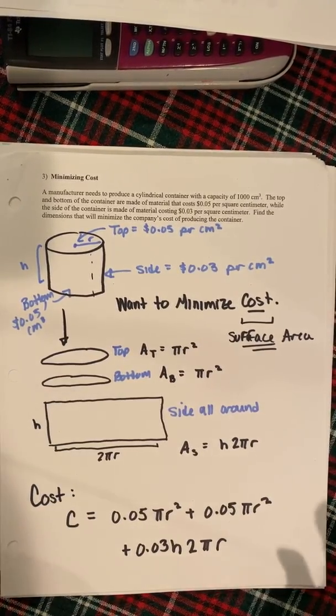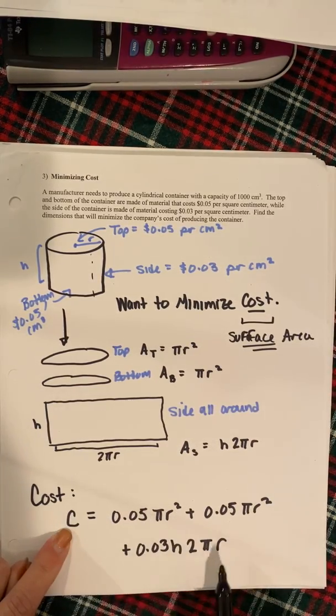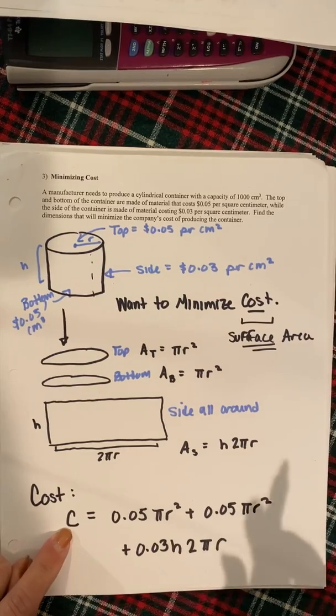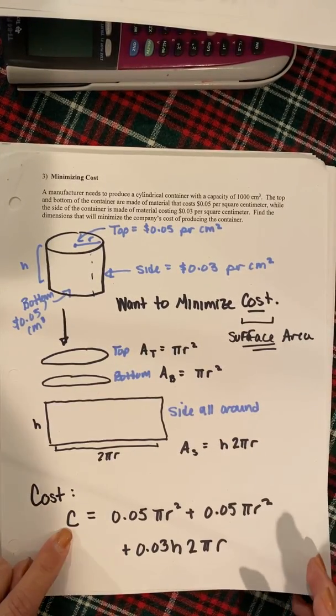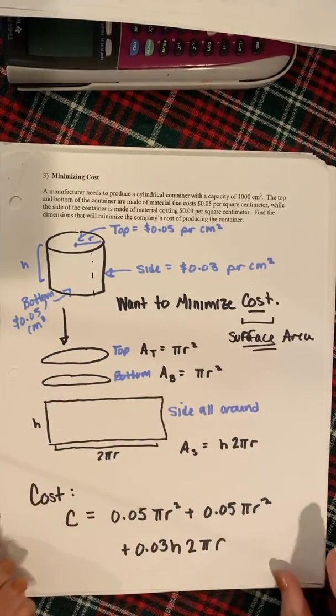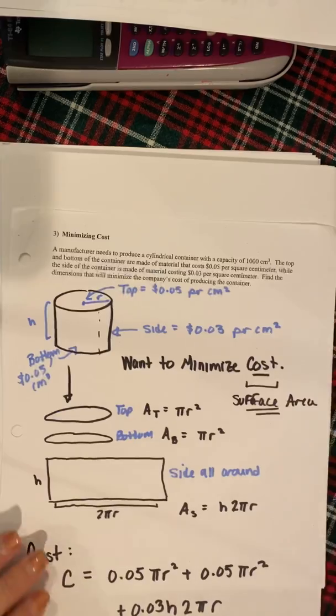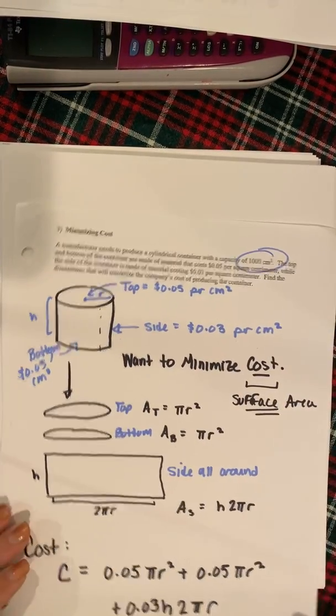All right, so a couple things to look at here. Our cost can be expressed in terms of the radius and the height, which is 2 variables. Now, like the last problem, if we didn't have a constraint, the cheapest can would obviously be a little itty bitty tiny, almost nothing can. But the problem is we have to put in 1,000 cubic centimeters. So that's going to be the constraint.